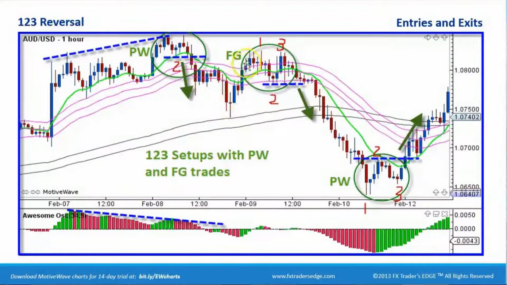On the retracement, which would be the wave B or wave 2, we also have a 1, 2, 3 pattern setting up, and we would sell through the point 2, which would take us down for our fill the gap trade. So 1, 2, 3 patterns really show up everywhere at market tops and bottoms.